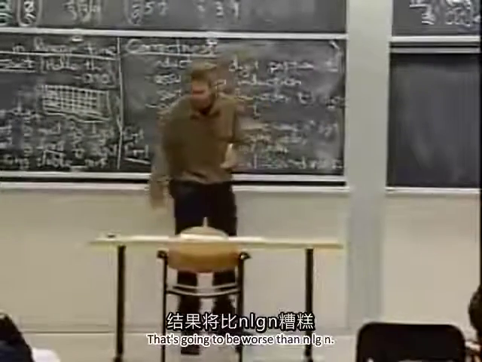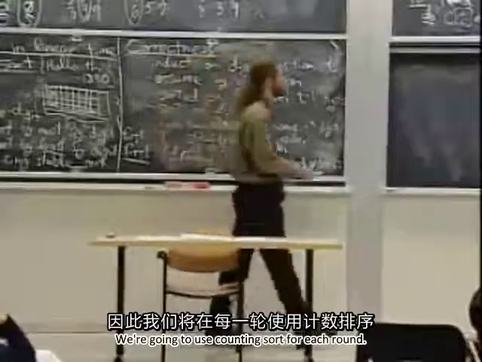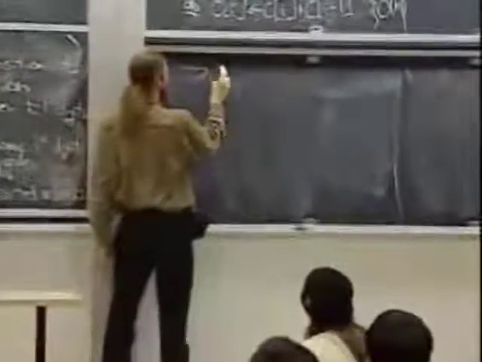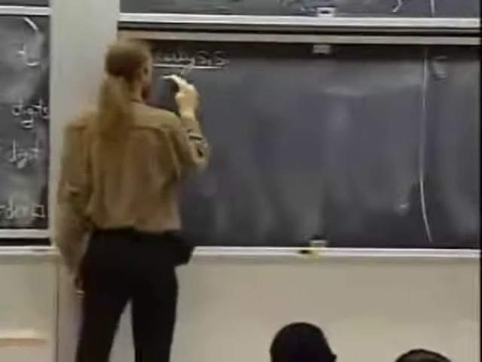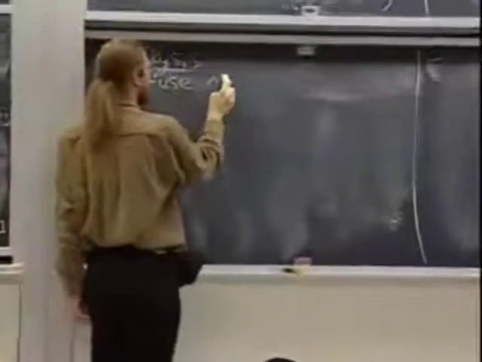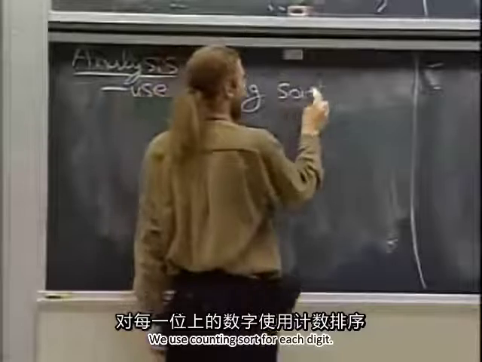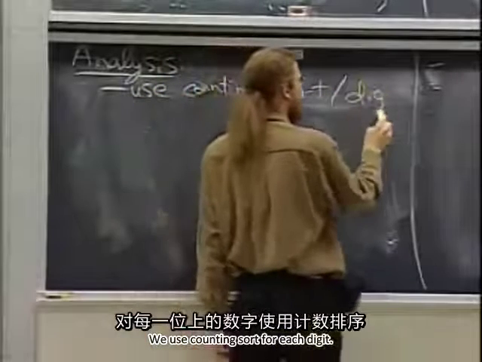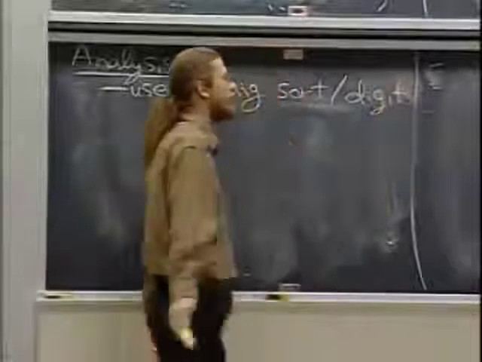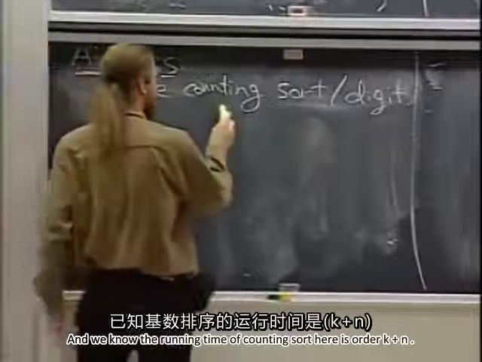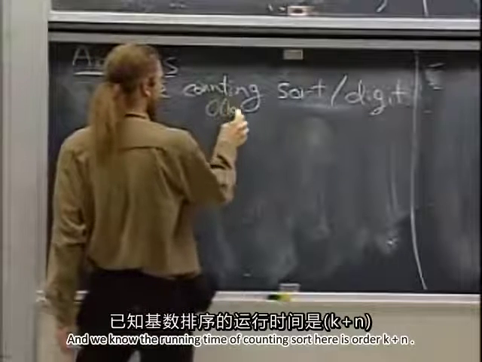That's going to be worse than n log n. So we're going to use counting sort for each round. So we use counting sort for each digit. And we know the running time of counting sort here is order k plus n.